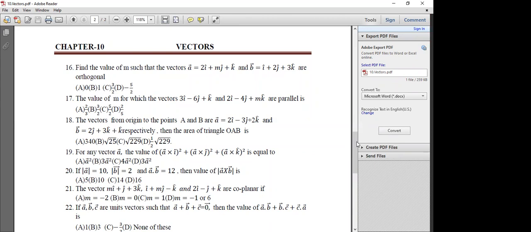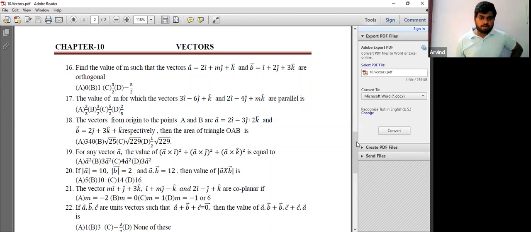So root 229 divided by 2. Yes, sir. D. Yeah, that's correct.